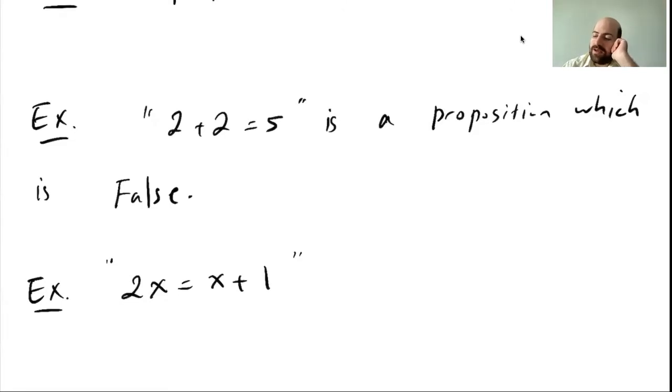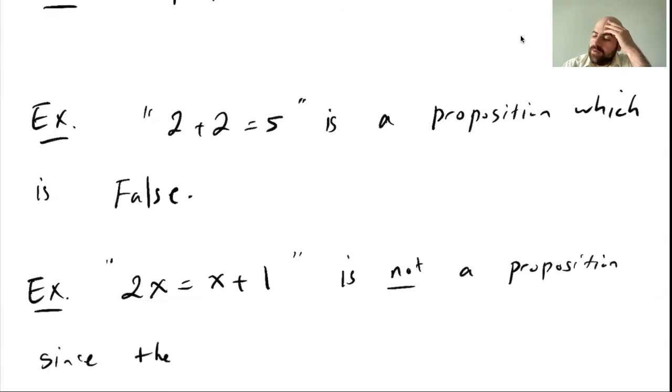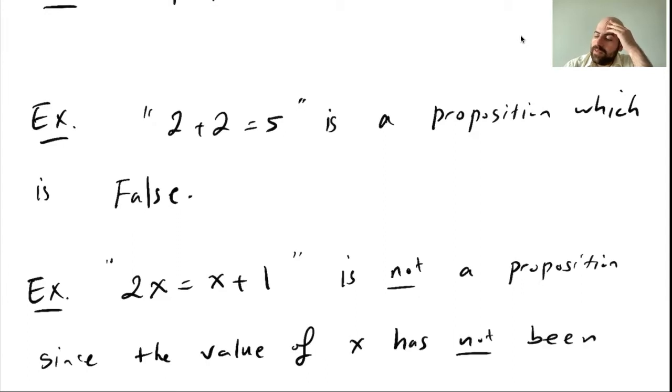So this one is not a proposition because there's nothing being said about x, and therefore I cannot say whether this is true or false. So this is not a proposition since the value of x has not been specified.